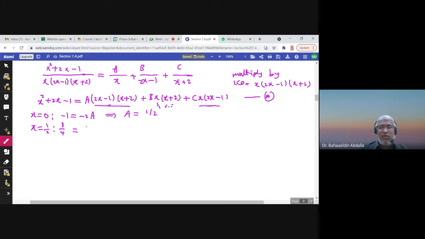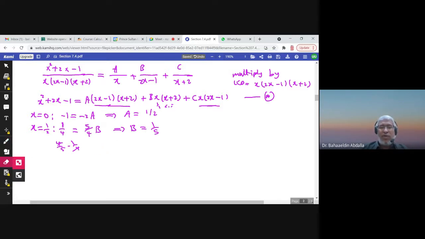So 5 over 4 b. So 1 over 4 equals 5 over 4 b. If you multiply both sides by 4 over 5, you have 1 over 5 here, and you have b here. So b would be 1 over 5.